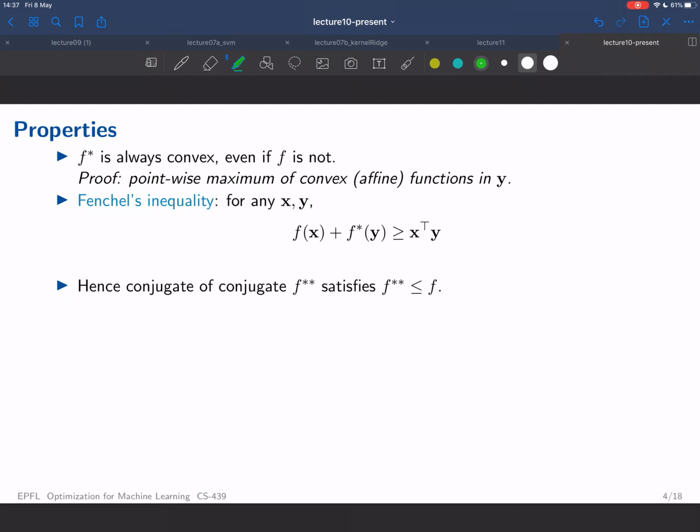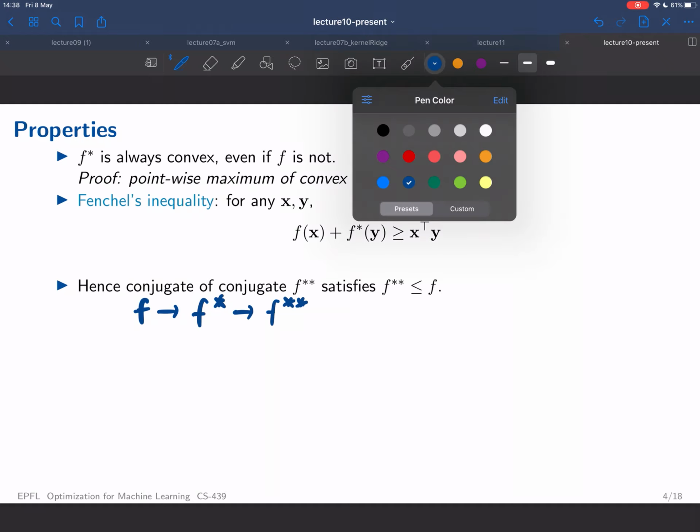One thing which is interesting is that you can take this conjugate as many times as you want. Here's f, then you take its conjugate, f star, and then you take the conjugate of f star again, why not? Let's visualize what this means.